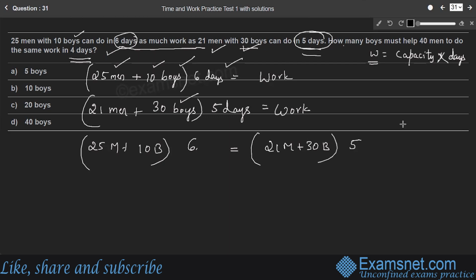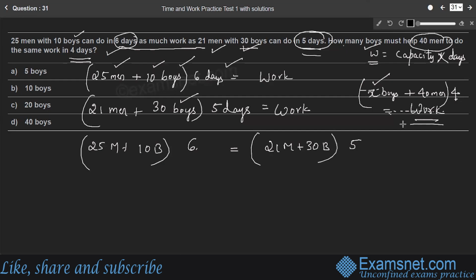Here, what is to be calculated? How many boys must help 40 men to do the same work in 4 days? That means X boys with 40 men into 4 days is the total work, the same work. To find the value of X, the number of boys, we need the total work.